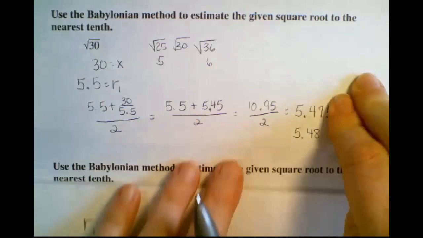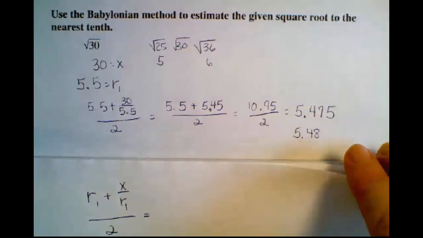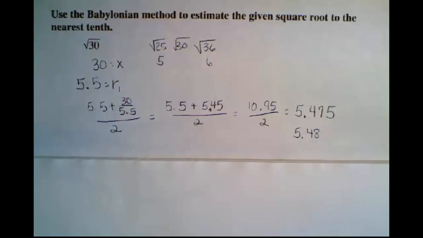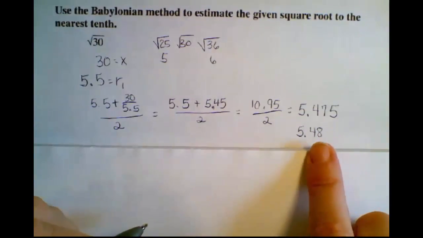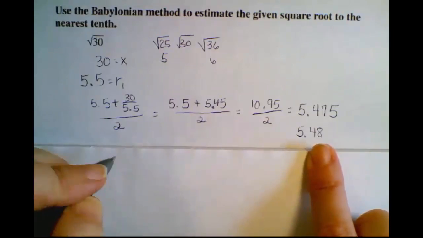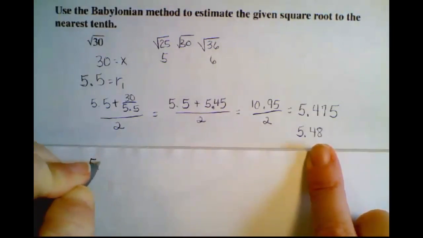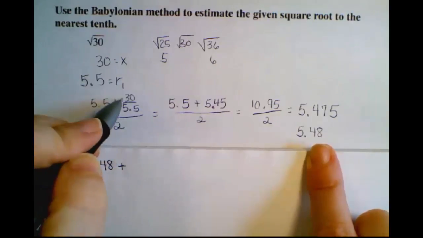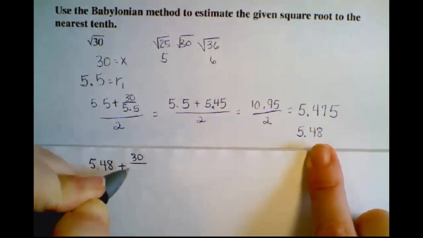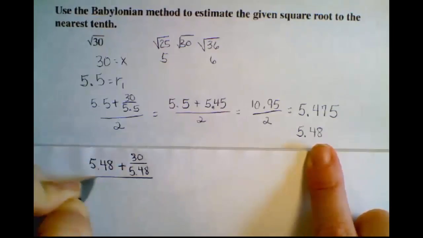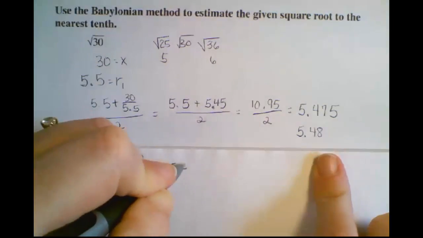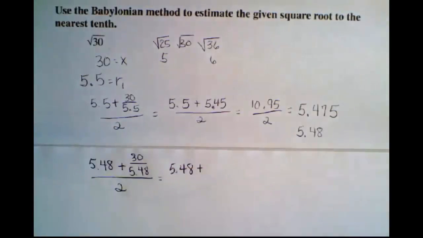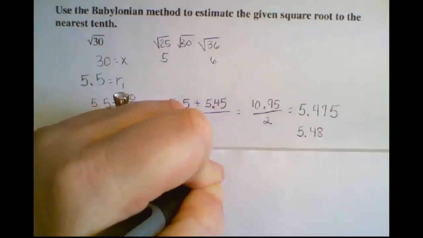Okay, so now we're going to do the same thing again. Let me get a piece of blank paper. This time we're going to use 5.48 as our second guess. So we have 5.48 plus our X, which is 30, over 5.48, all divided by 2. 5.48 plus 30 divided by 5.48 is 5.47.